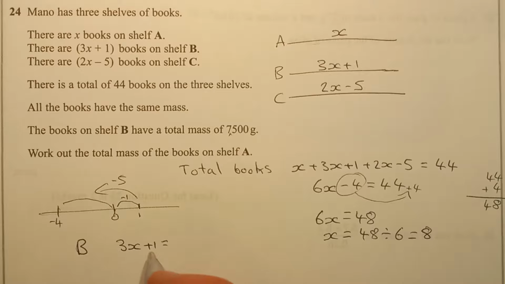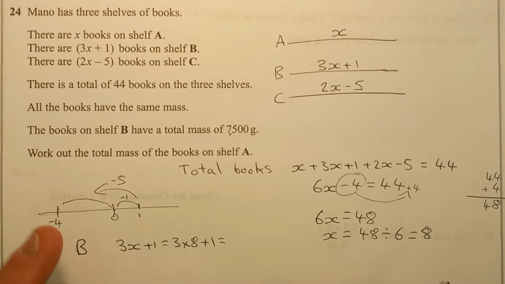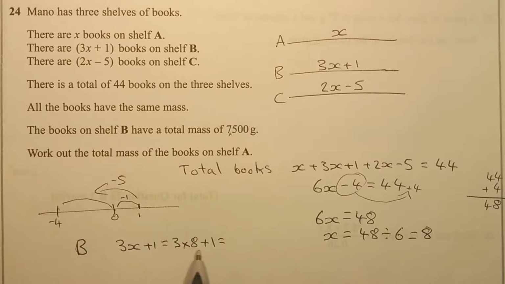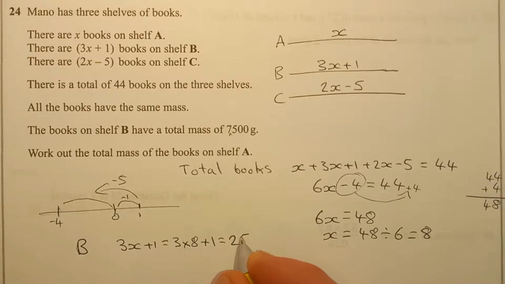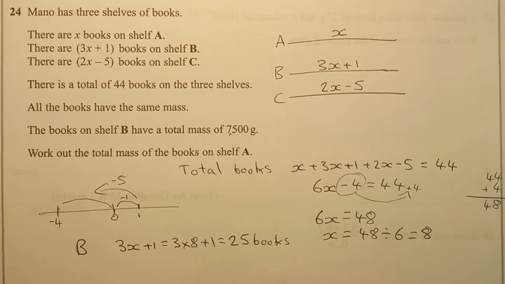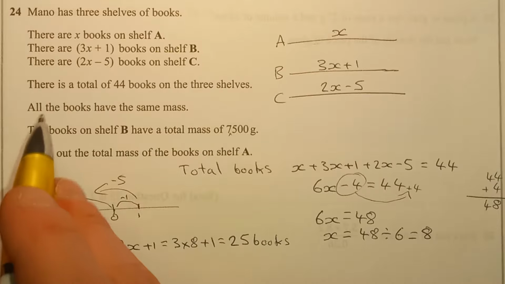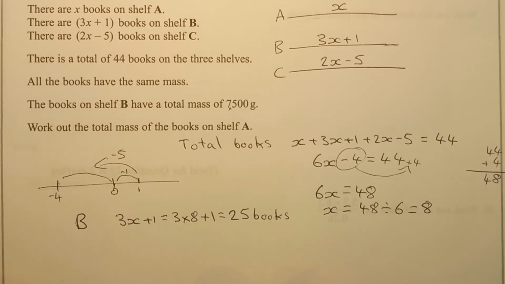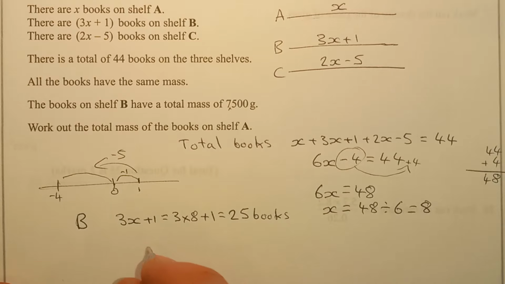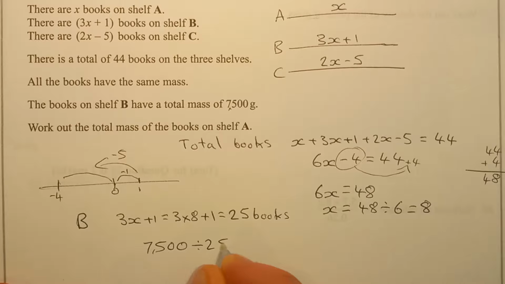Well, we know that x is 8 now, so we can do 3 times 8 plus 1. 3 times 8, 8, 16, 24, plus 1, 25. Okay, so we've got 25 books on shelf B. And they weigh 7,500 grams, and all the books have the same mass. So if we want to find out the mass of one book, we can do 7,500 divided by 25.